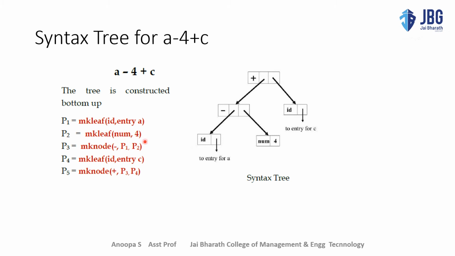Since it is a number, it will create a node with label num and the corresponding value will be stored. Then we have to do the operation: there is an operator minus, with two pointers to the children or operands. Then again a make leaf of id with entry for c is made, then plus operation with pointers to the operands. This is the syntax tree for a minus 4 plus c.